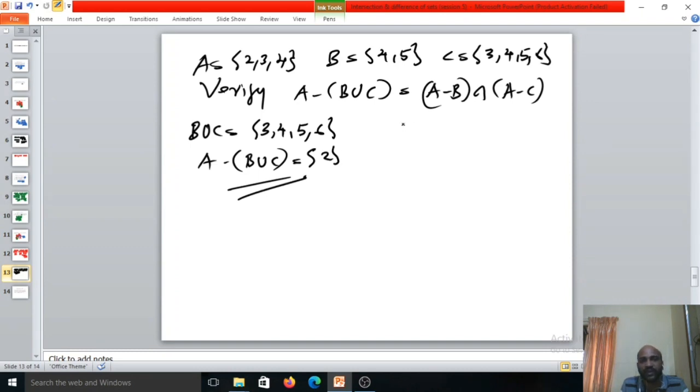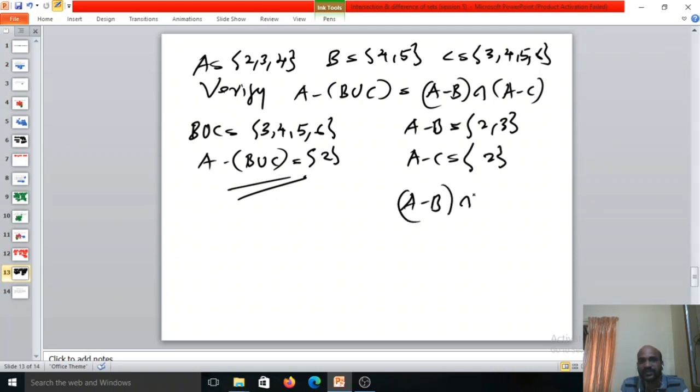Now we can find the right hand side. First you have to find A minus B, elements in A not in B. So the elements are 2, 3, right? Then A minus C, elements in A not in C, means the set 2. Then you have to find A minus B intersection A minus C, meaning the intersection of these two sets.